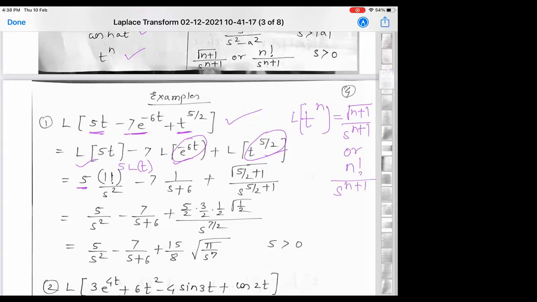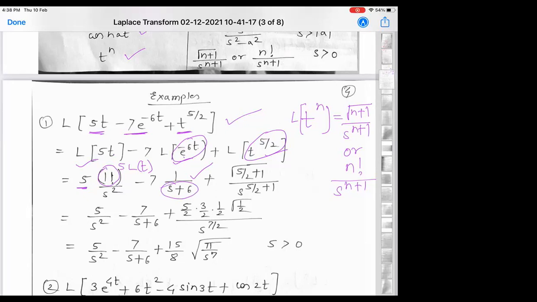So here, since 1 is an integer in the first term, t raised to 1, n equal to 1 is your integer. So we have written this as 1 factorial upon s square, since n plus 1 is 1 plus 1, that is 2. Second term e raised to minus 6t, whose transform answer is 1 upon s minus a. a is minus 6, so we will be getting 1 upon s plus 6.